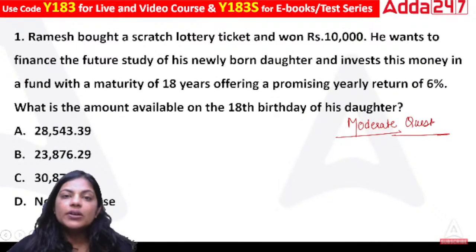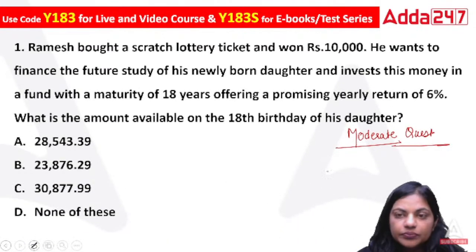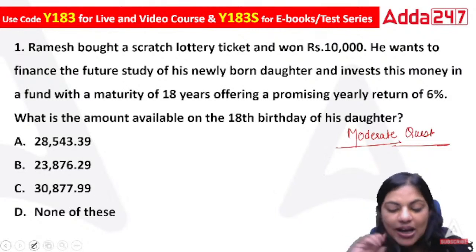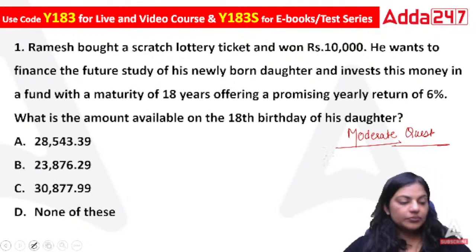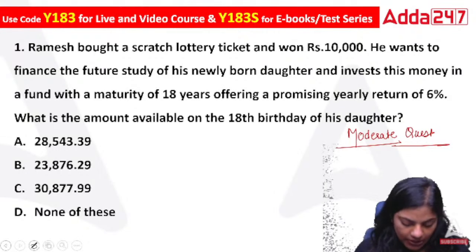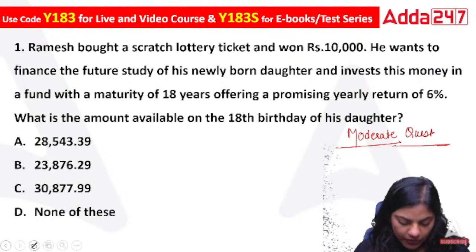So that is what he wants. You are required to calculate the amount that would be available on the 18th birthday of his daughter.